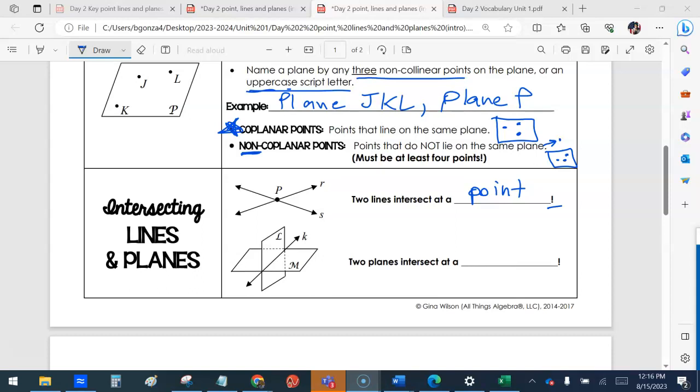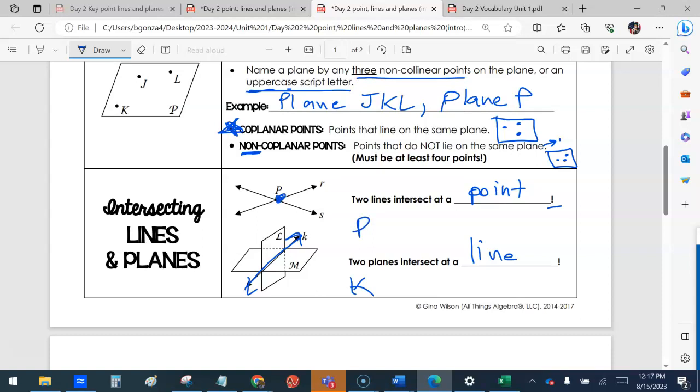You'll see how it's not just one little point, but everywhere on that edge is a part of a line, or a line segment. So 2 planes intersect at a line. And technically over here, it's plane P for this one, and then line K for this one.